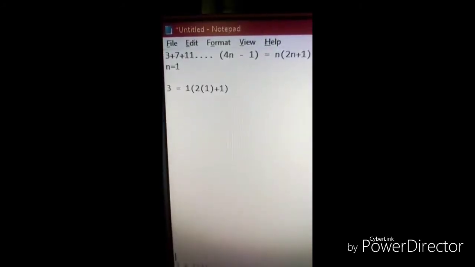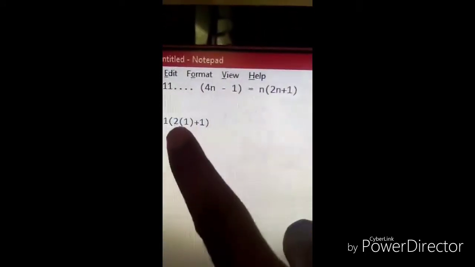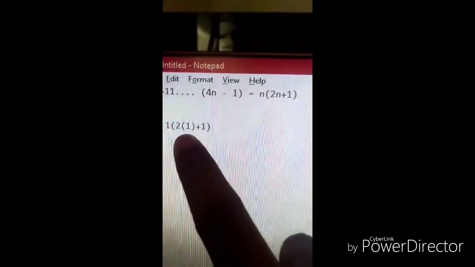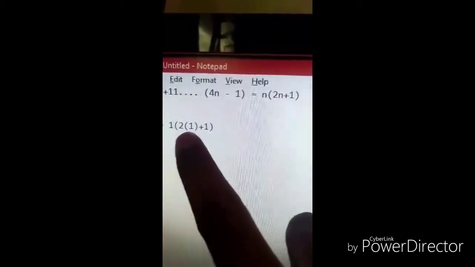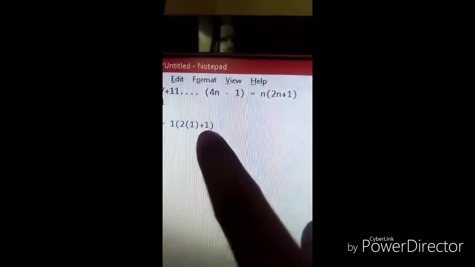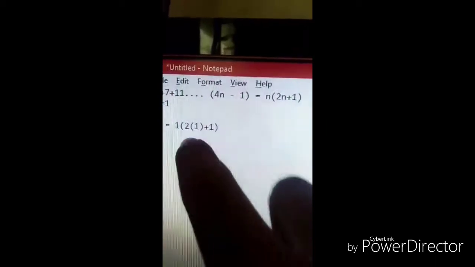That is our example for today. Let's test it if it's true when n is equal to 1. So let's start with 2 times 1, which is 2, plus 1. Then we'll have 3.